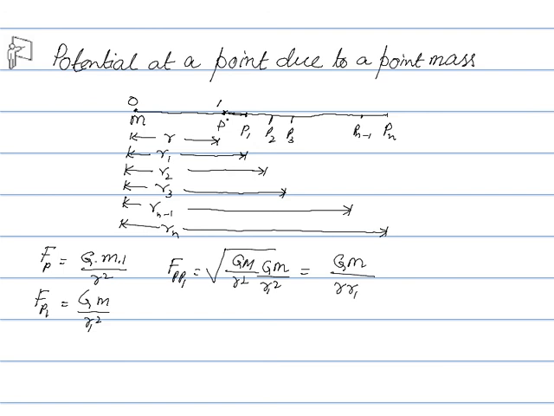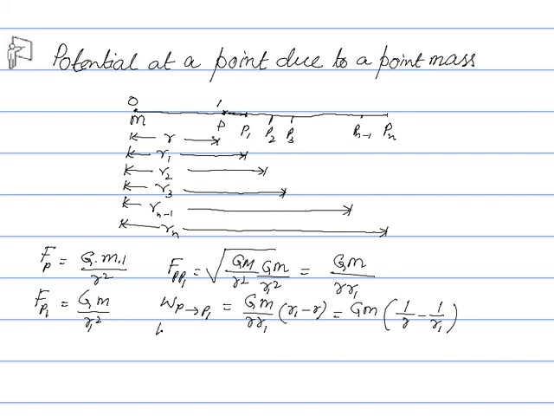So the work done to displace the unit mass from P to P1 is equal to this force, GM by r1, into the displacement. This PP1 distance is what? r1 minus r. That is equal to GM by r1 into r1 minus r, which is GM times 1 by r minus 1 by r1.